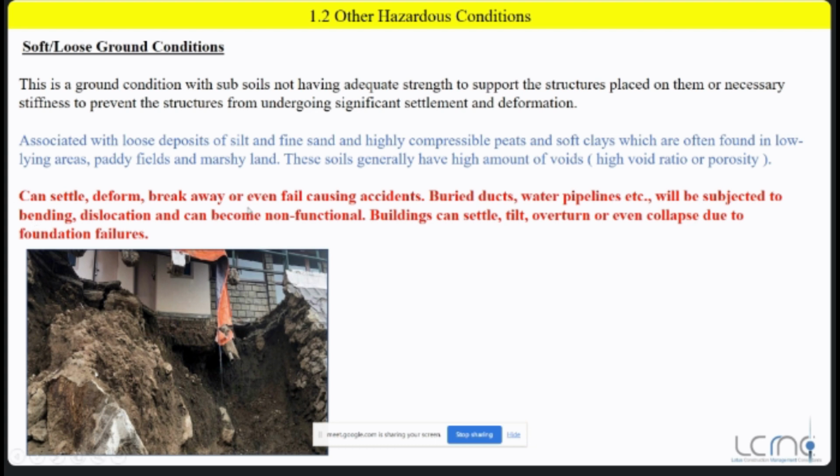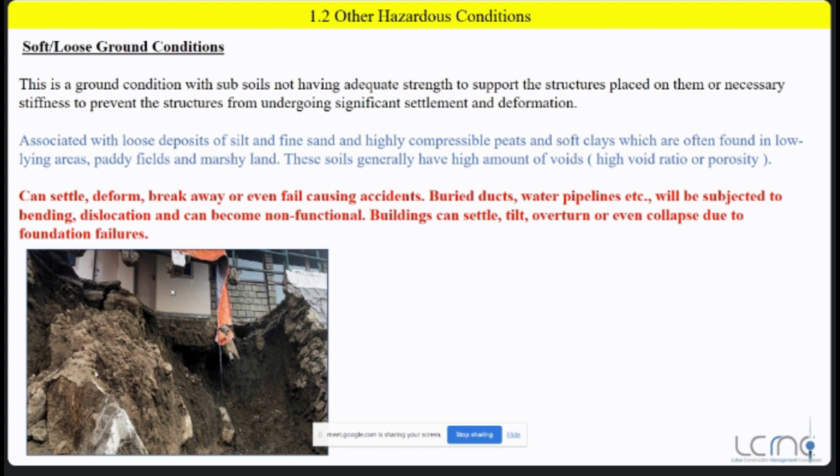And there are also other reasons for this kind of impact, maybe buried ducts or water pipelines. In ancient times there may have been buried ducts or water pipelines, and no one will notice those things. Then you just construct houses or any structural components on top of that before getting a proper investigation. What will happen?